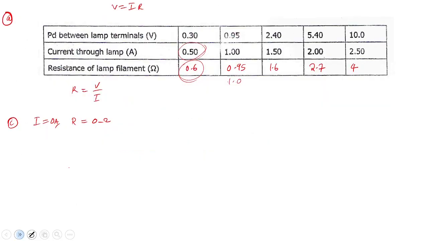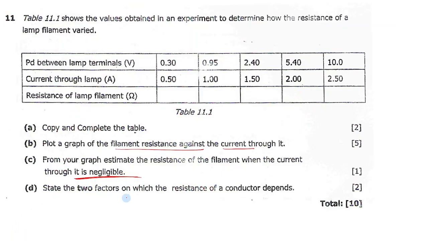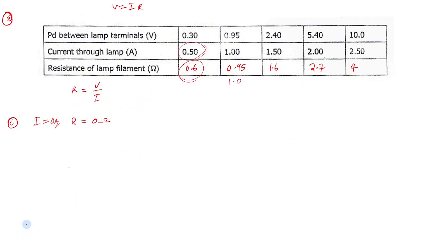Okay. So when we come to D, state two factors on which the resistance of a conductor depends. So the resistance can depend on, one, temperature, then two, cross-section area of the conductor.